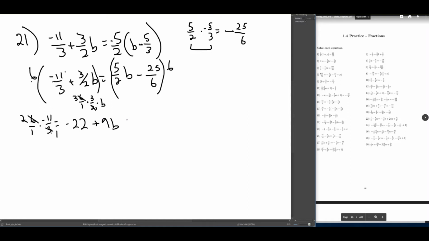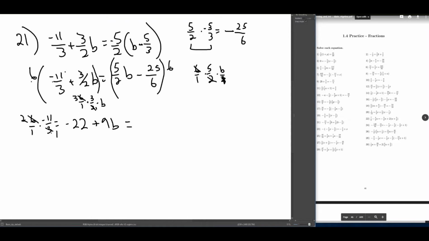That is 9b equals, here, 6 times 5 over 2 times b. So let's do this. 6 over 1, because 6 is 6 over 1, times 5 over 2 times b over 1.